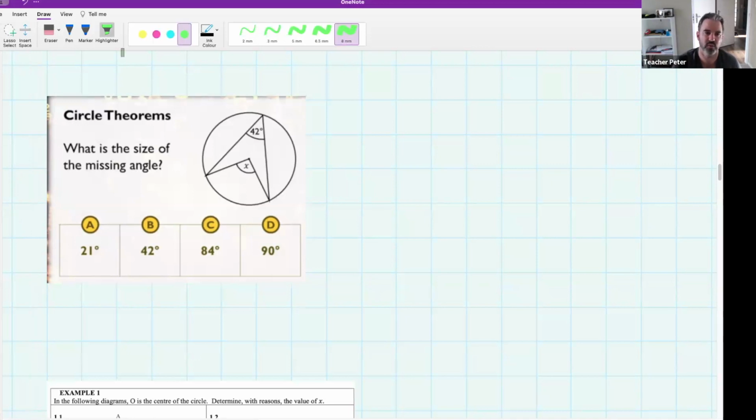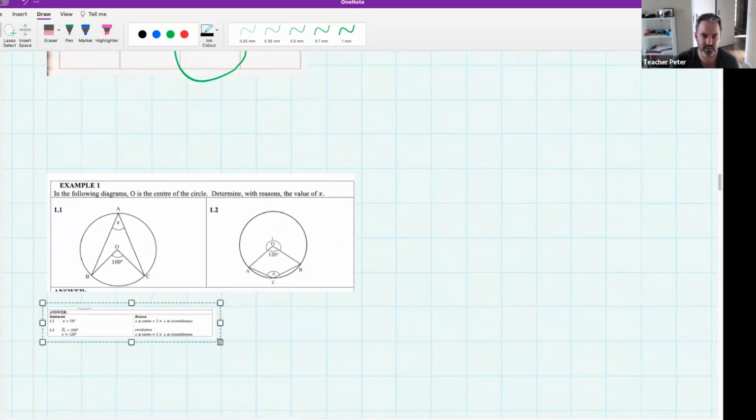This arc, we'll call it XY, subtends the angle at the center and the one at the circumference. Double 42 is 84, and so the correct answer is 84.